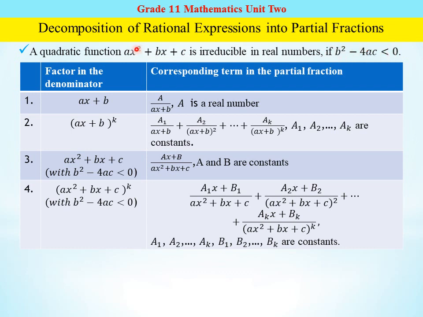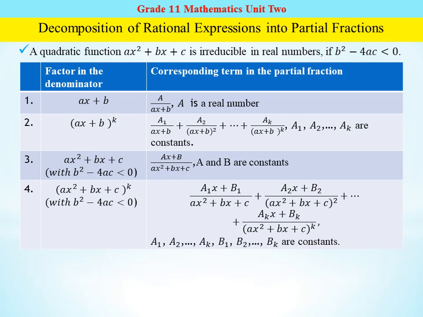That is the coefficient of x squared, b is the coefficient of x and c is the constant term. So ይሄን ፕሮፐርቲ ካሟላ ያ ኳድራቲክ ፋንክሽን reducible እንለዋለን። ከዚህ ላይ how to decompose a rational expression into partial fractions.